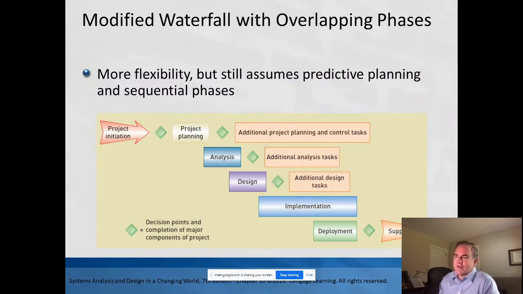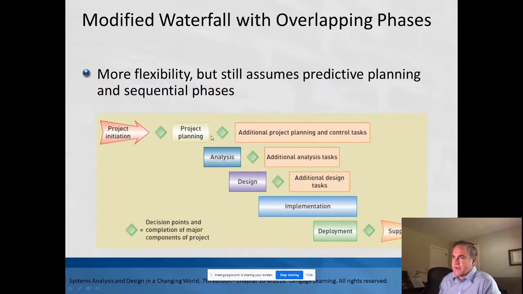So the early steps before we move more into the agile, iterative, adaptive type of approaches were to say, okay, let's not say that everything's frozen as we move from one step to the next. Why don't we allow for the fact that after I'm mostly done with project planning, notice there's that green diamond right here, this first green diamond that says this is a decision point.